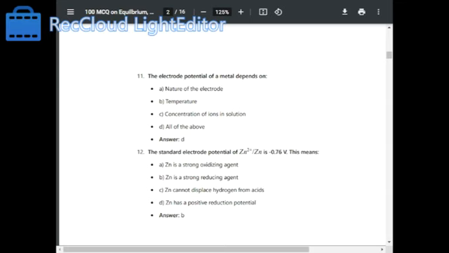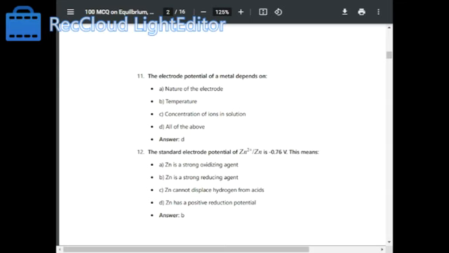Question number 12. The standard electrode potential of Zn2+/Zn is -0.76 volt.